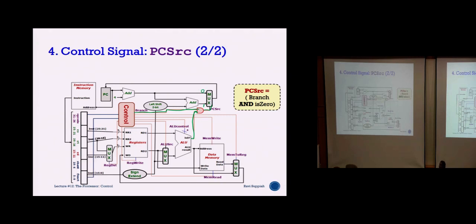If not, it becomes 0, and 0 means I go to the default next line instruction. So you can see that for your multiplexers, all of them are 0 and 1 except the last multiplexer, which is for your mem to register, which is the reverse connection.